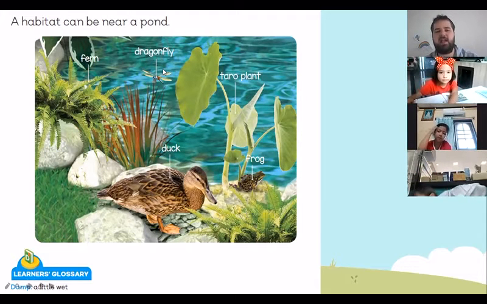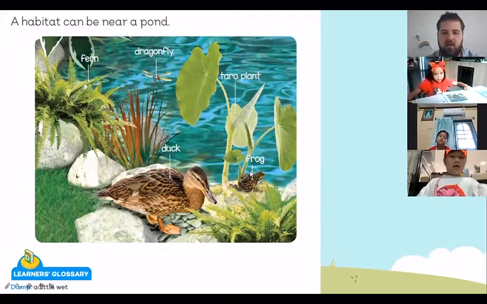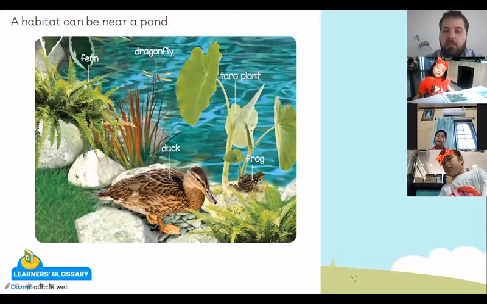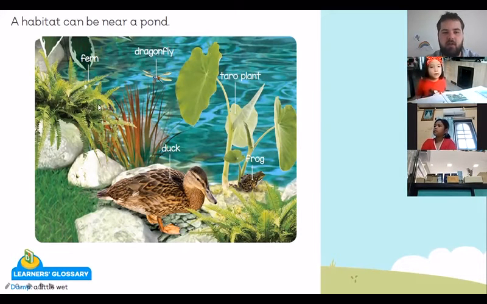Very good. So these animals live close to the pond. The plants we find are ferns. So we have a fern and a taro plant.